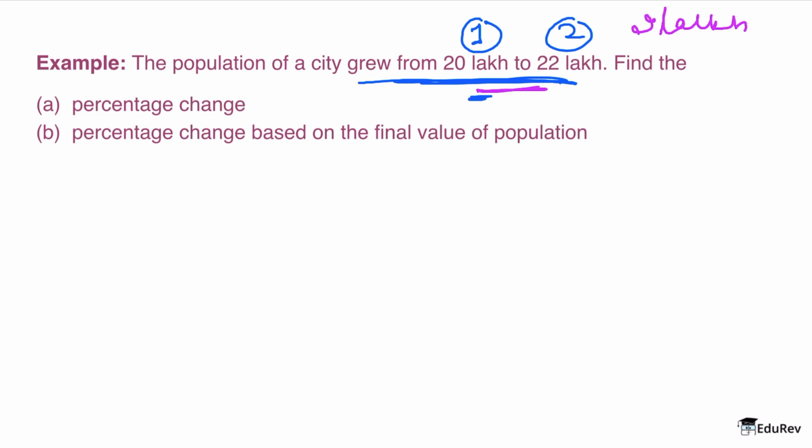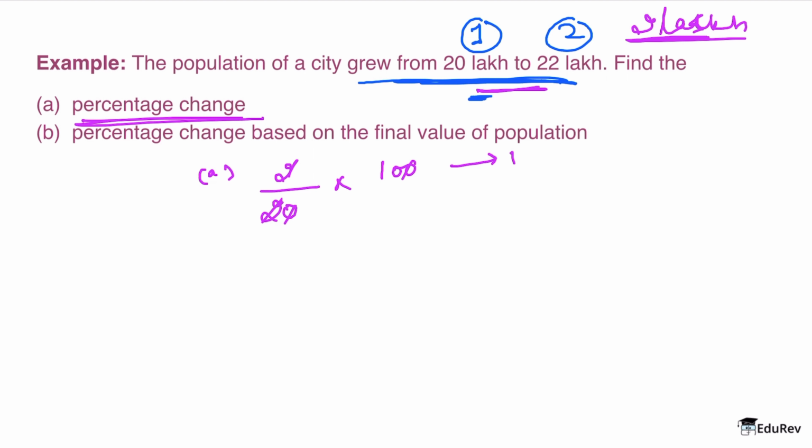So 2 lakh people were more than the previous year. Now I need to find the percentage change. It's very simple. Percentage change is the difference between the two, that is 2 lakhs upon the original 20 lakhs, times 100. So this is going to be 10%.